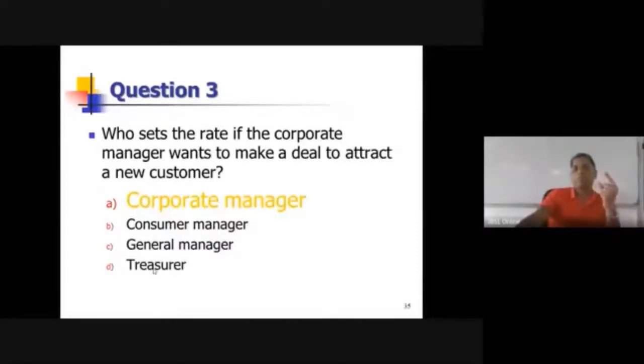Yeah, I'm only making 1% on it. Can you please adjust your transfer pricing rate also lower so that I can quote a better rate to this guy and make a little bit more margin on the credit side, because I need to keep minimum 1.5% margin or whatever it is. That conversation he can have with the treasurer. But he is the guy who will face the client ultimately with the rate.